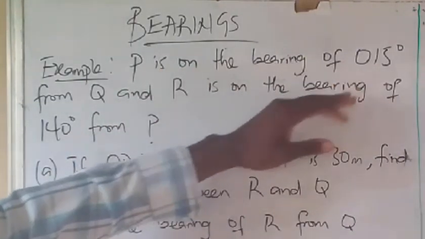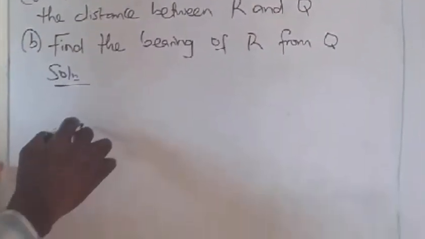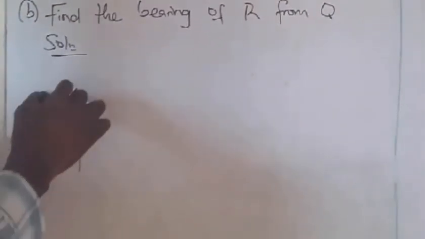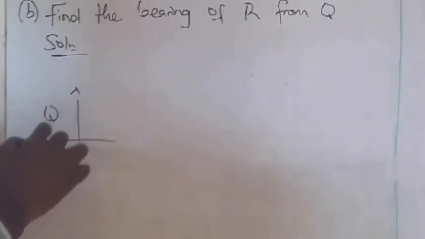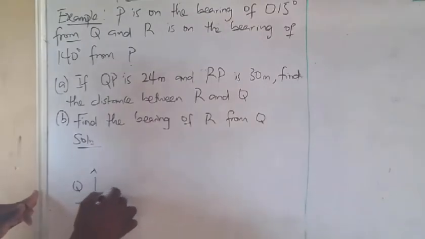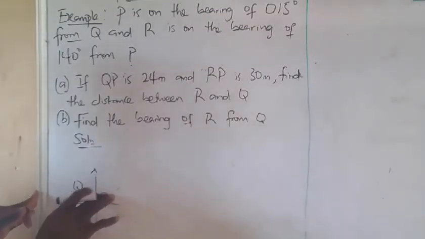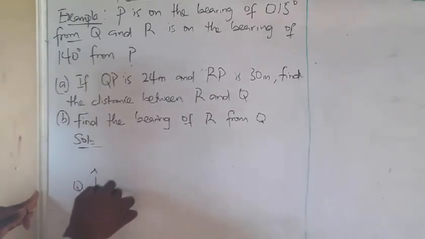P is on the bearing of 015 from Q, in which case I'll start from point Q, drawing my north at point Q. Now it's on the bearing of 15 degrees, that is 015. Okay, 15 degrees, it's going to be tiny like that.